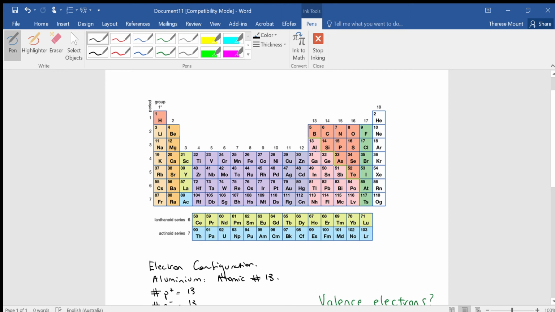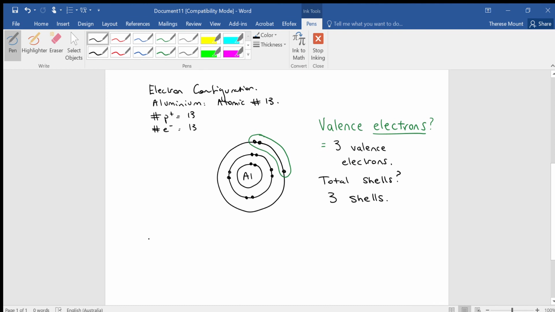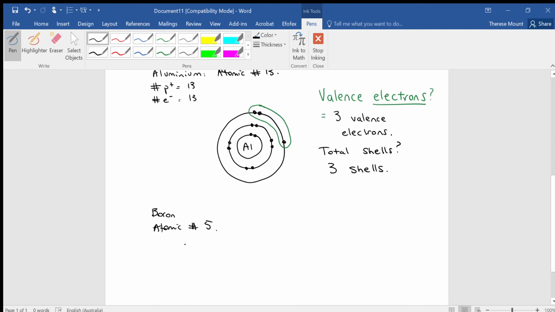Okay, so before I end the video, I just want to show you boron, and we would expect boron to have 3 valence electrons, wouldn't we? So let's just check that out by drawing boron. So boron is atomic number 5. Okay, so that tells me that boron has 5 protons and it has 5 electrons.